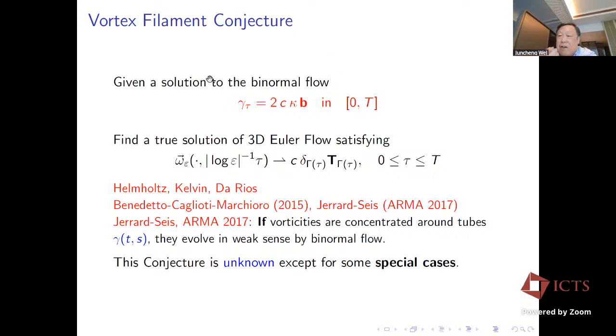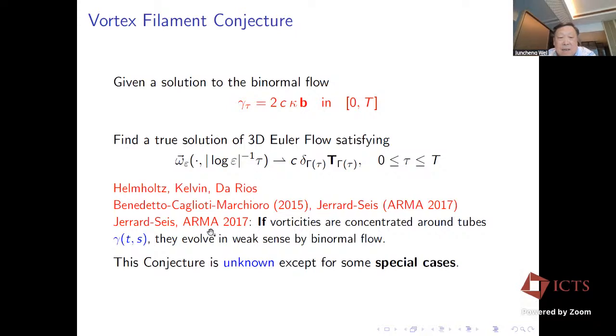This is the vortex filament conjecture, or the dynamic correspondence for 3D Euler. And we ask the converse question: given a solution to the binormal flow, can we find a true solution to the 3D Euler flow, a smooth solution, such that as epsilon goes to 0, the smooth solution will approach a Dirac on the curve? This is called the binormal flow conjecture, the dynamic correspondence for 3D Euler.